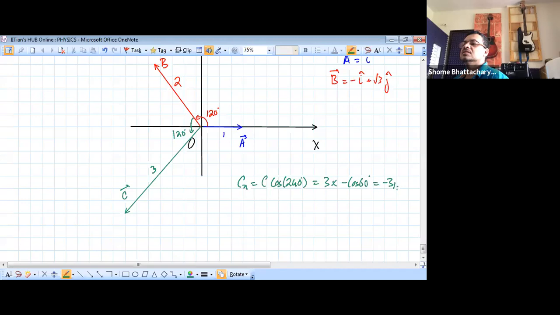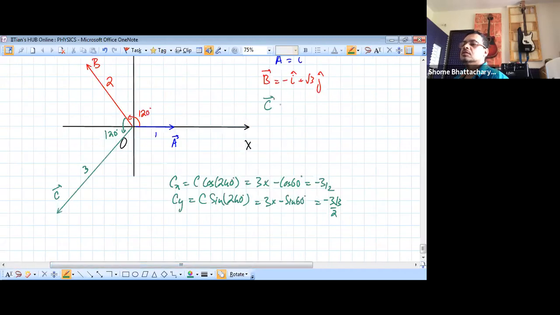So that is minus 3 by 2. And C's y component will be C sin 240. Because the angle with the x-axis you can see 120 plus 120. So that is 3 into minus sin 60. So that is minus 3 root 3 by 2. So in component form, the vector C will become minus 3 by 2 i cap minus 3 root 3 by 2 j cap. Now it is very easy to find the resultant of A plus B plus C.